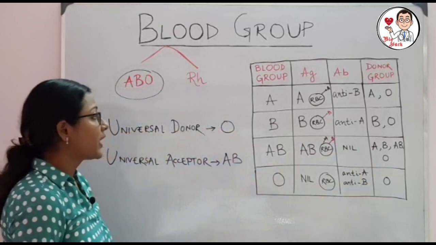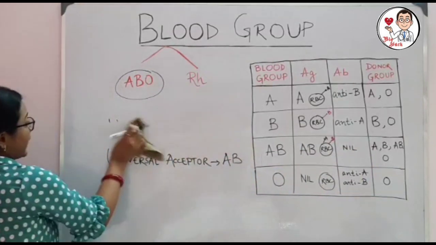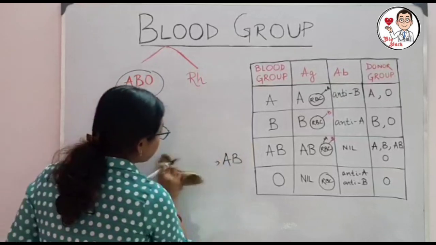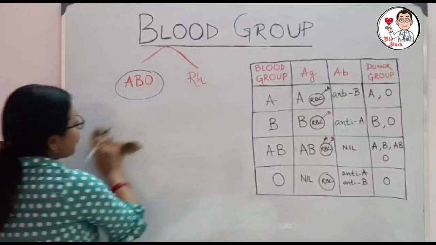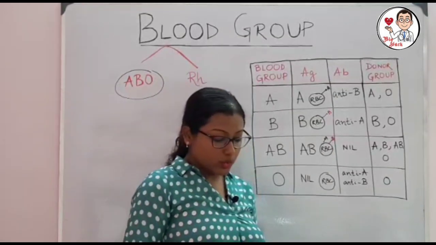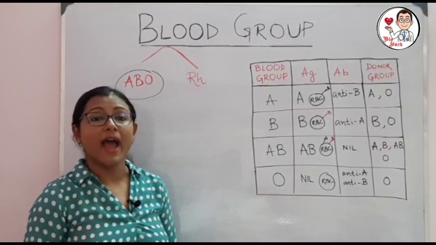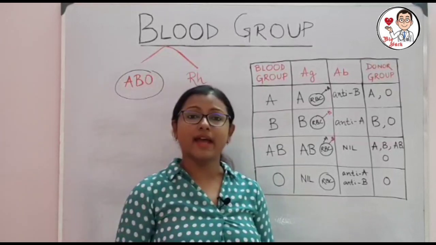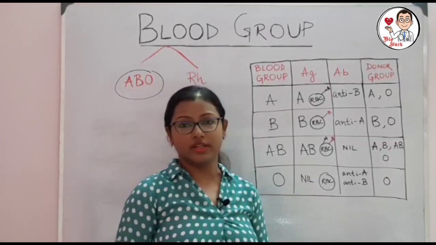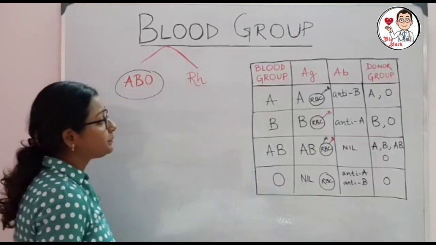Is it clear? Now, here one more doubt can arise, that why O blood group can donate to each and every blood group in spite of having anti-A and anti-B antibodies within it. Why is this so? Let us know this.